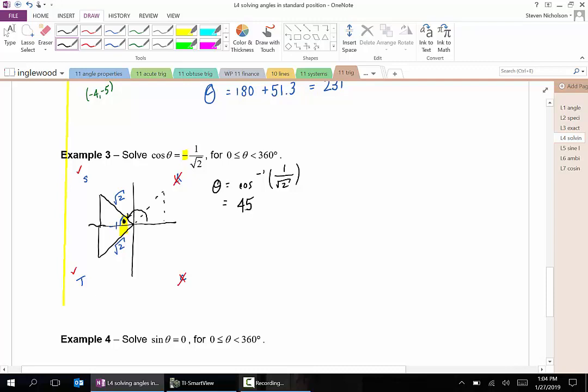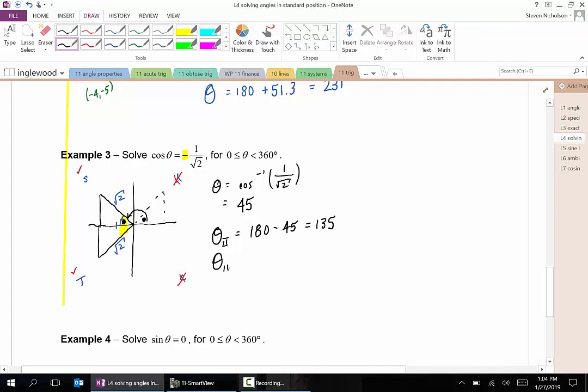So that means that the reference angle is 45, and whether you think of it in terms of this or you figure it in terms of this, it doesn't make a difference. So in quadrant number 2, theta is equal to 180 minus 45, which is 135 degrees.